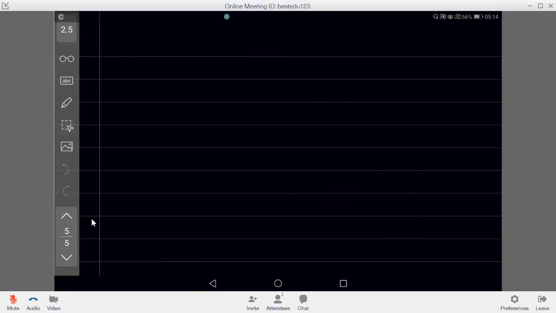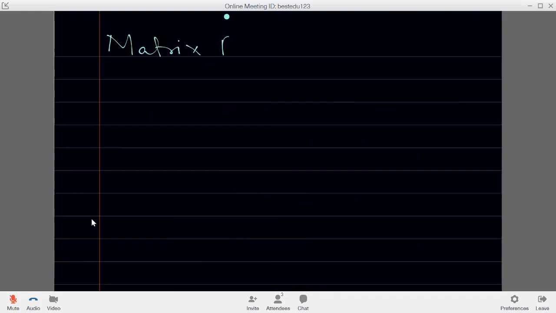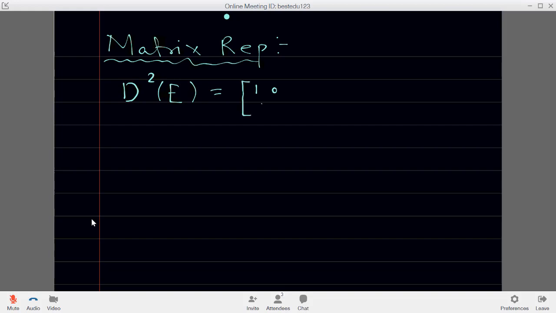E was the identity element, and if I make a matrix out of it, I will represent it by D, and many people write a 2 here to show that we are doing a two-dimensional representation. Tell me, what will be the identity matrix? It will be 1 0 0 1.